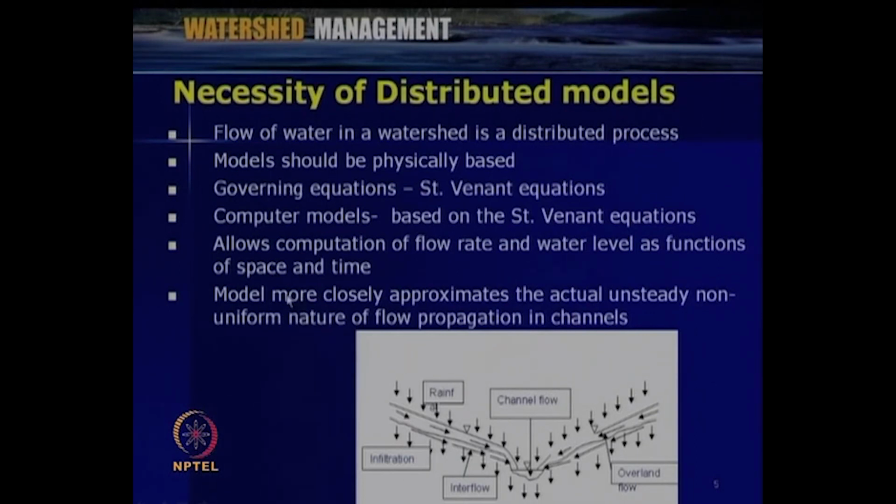So, the advantages of distributed models: these models closely approximate the actual unsteady non-uniform nature of flow propagation in the overland and channels. That is the advantage of these models, but of course, there are a number of disadvantages, like the modeling is so cumbersome, we need a large amount of data to develop such models, and expertise is also required.